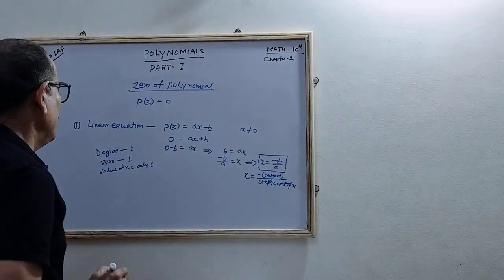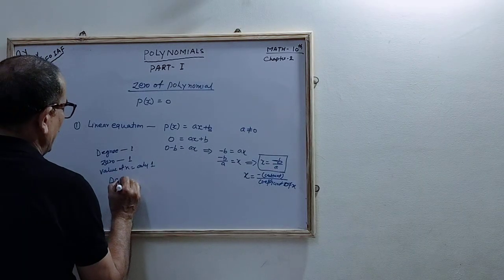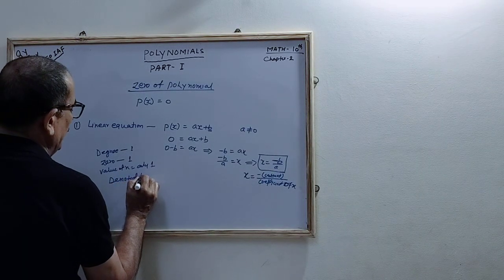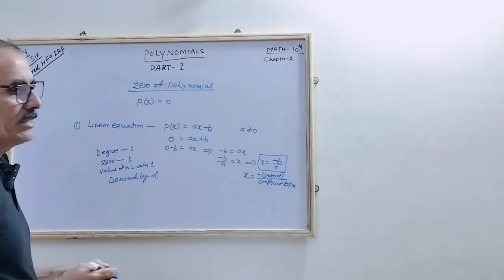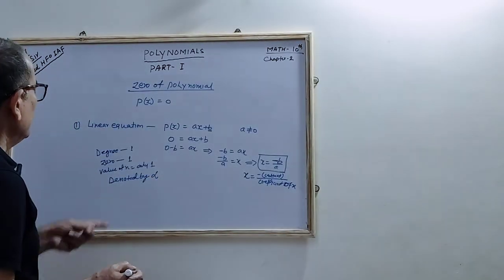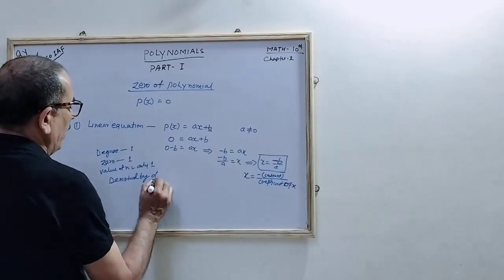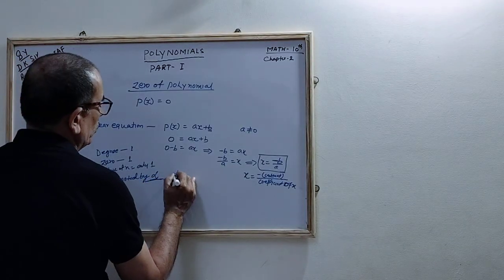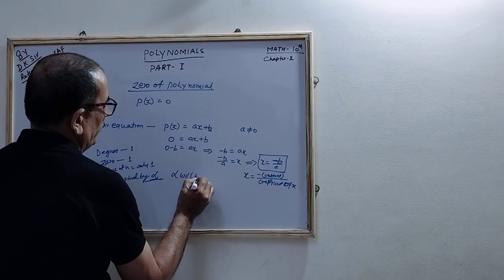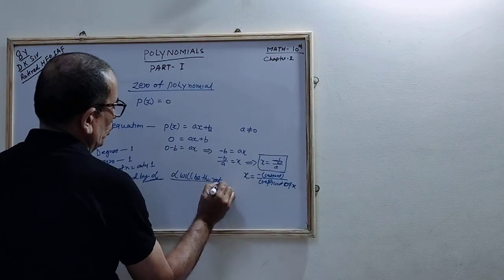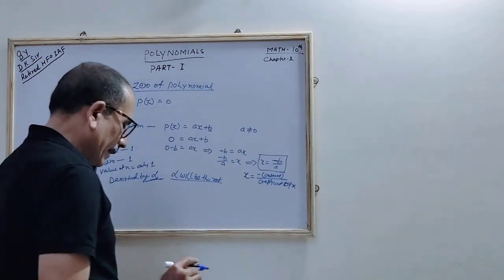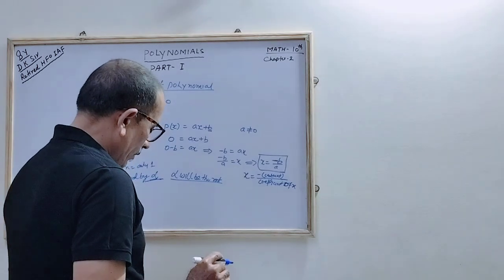And that will be denoted by alpha. Alpha will be the root of this. This is all about the linear equation, correct?